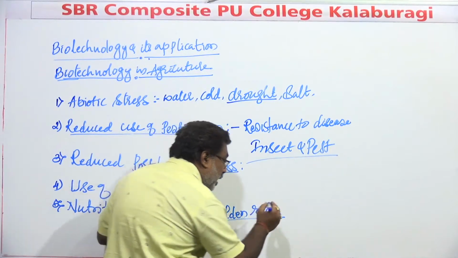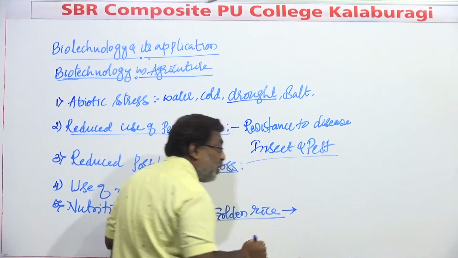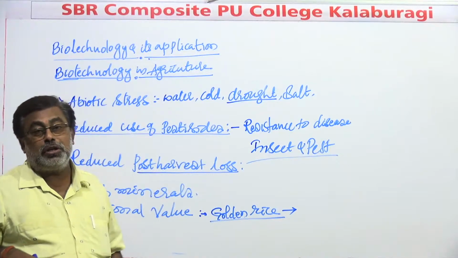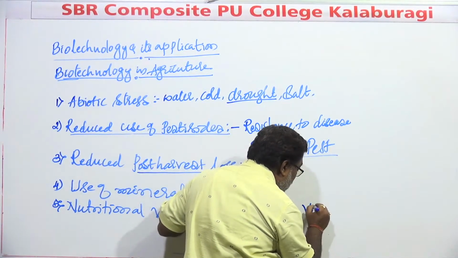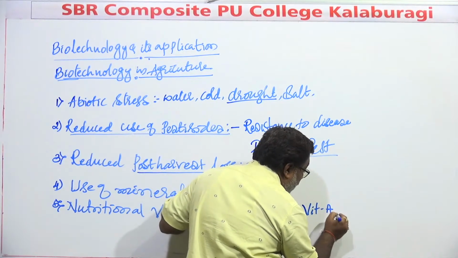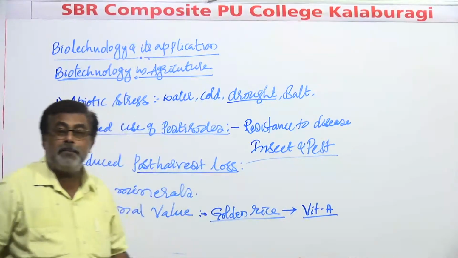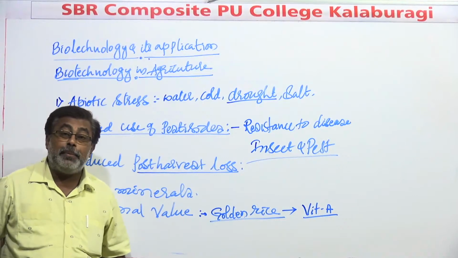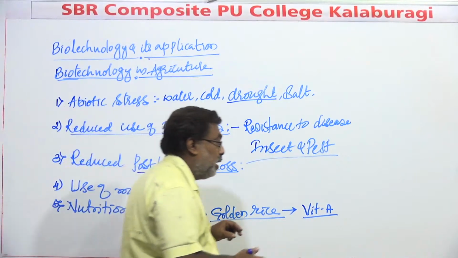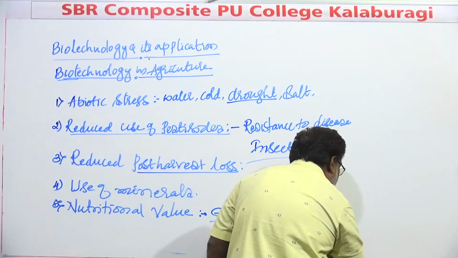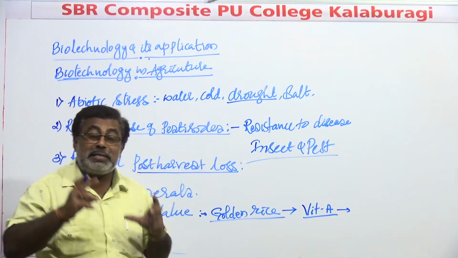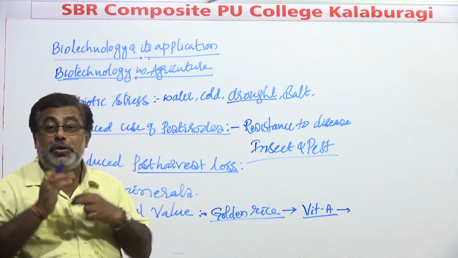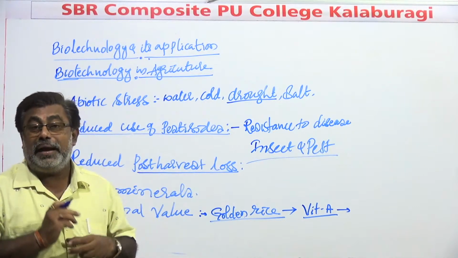So this golden rice, what happens? It has nutritional value because it contains vitamin A. By consuming vitamin A, one disease will be cured, that is night blindness.